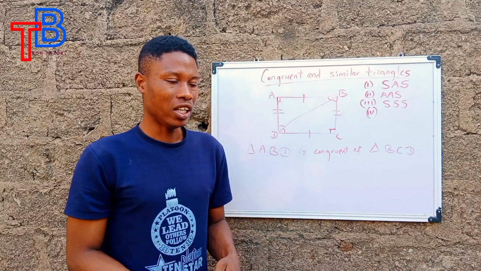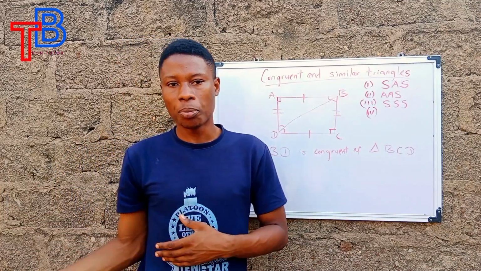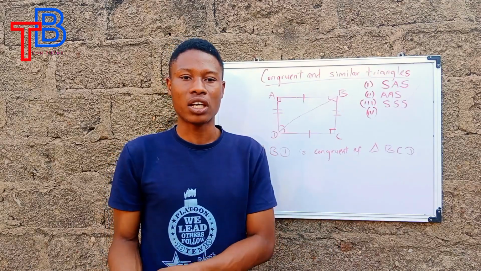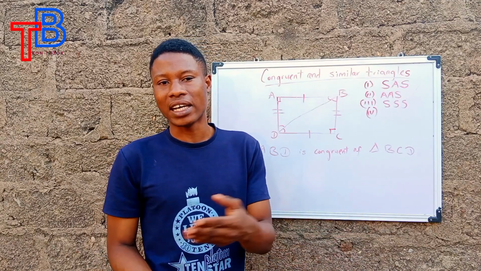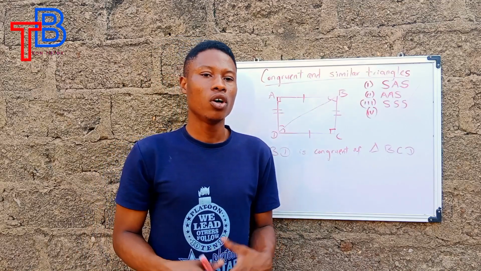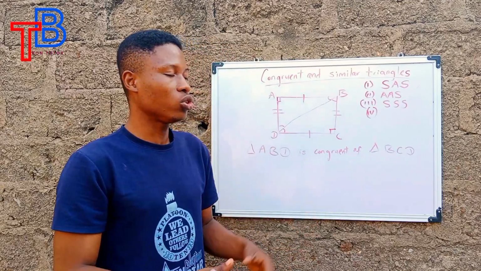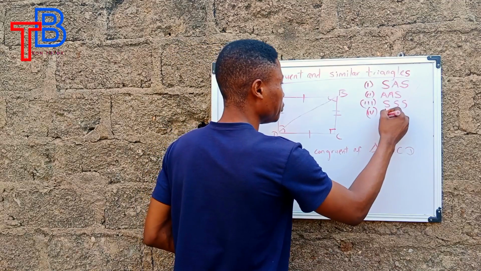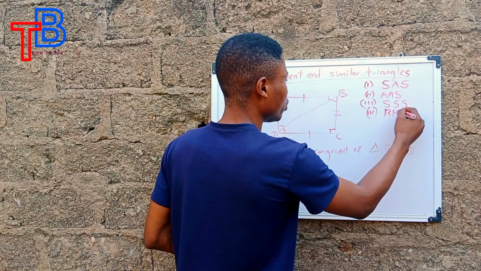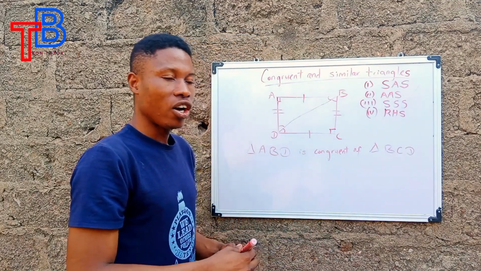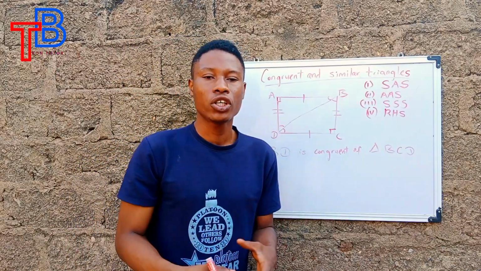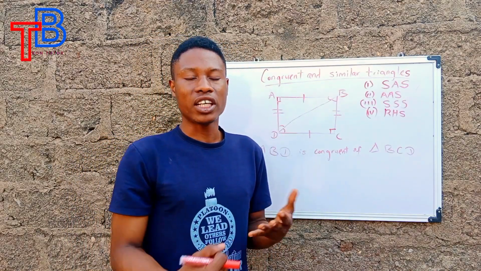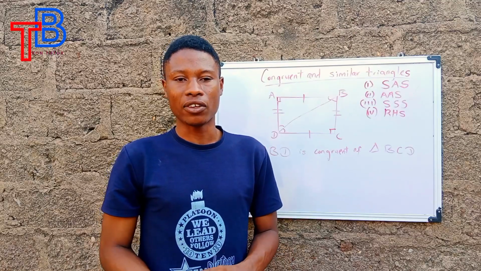Once the hypotenuse and the opposite are the same for the two triangles, or the hypotenuse and the adjacent are the same, we can say the two right angle triangles are congruent of each other.